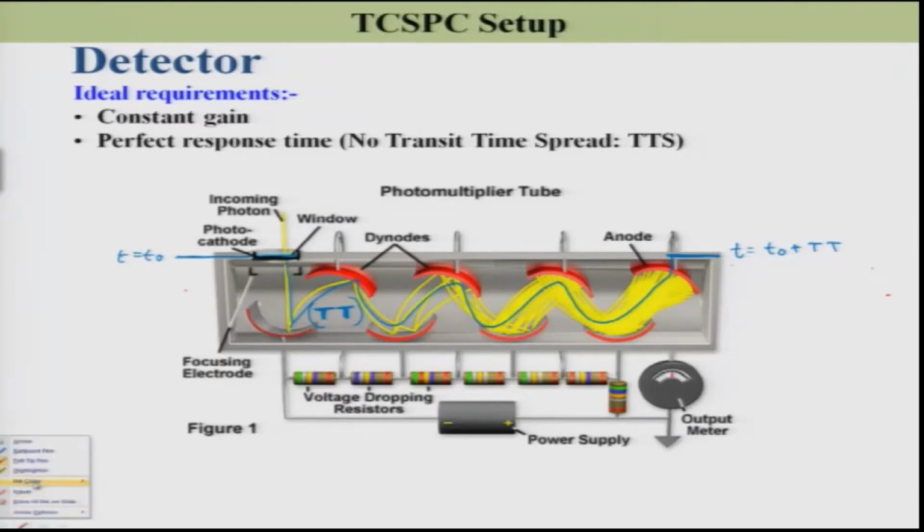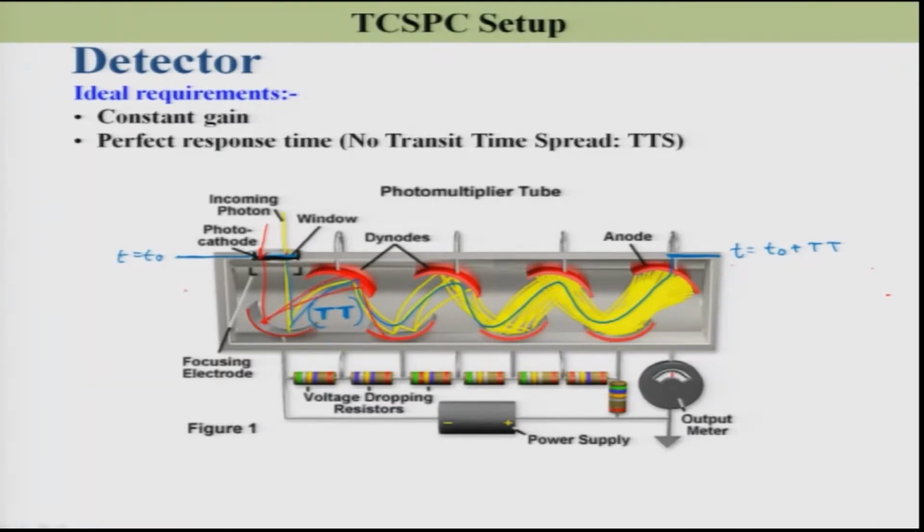So the photon may fall at this position as shown here, but it may also fall at this position, because it has some dimension. If it falls on that particular position, then this ejected electron will be directed around this position of the first dynode, and then it will be directed this way.